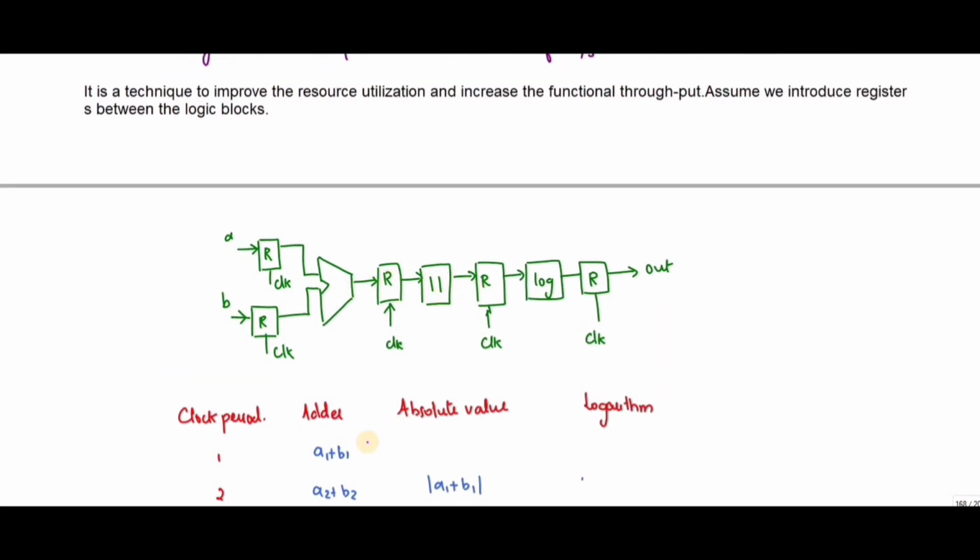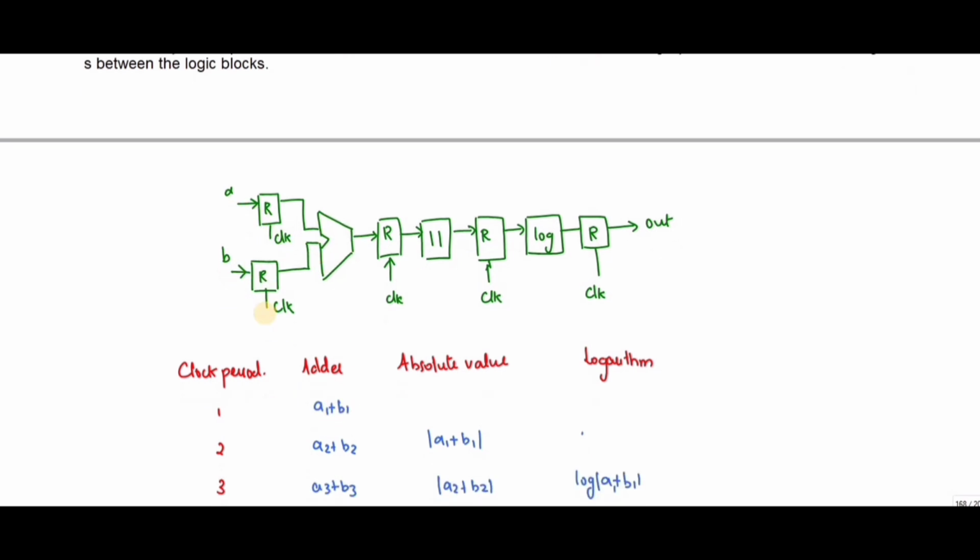You can see at the first clock pulse, it is performing the addition of the first bit. At the second clock period, it is not idle: it is performing addition of the second bit, and the absolute value is performed during the second clock cycle itself. During the third clock period we are getting the logarithmic output.